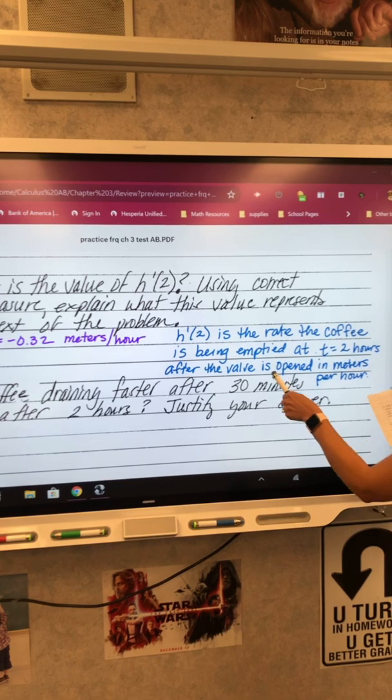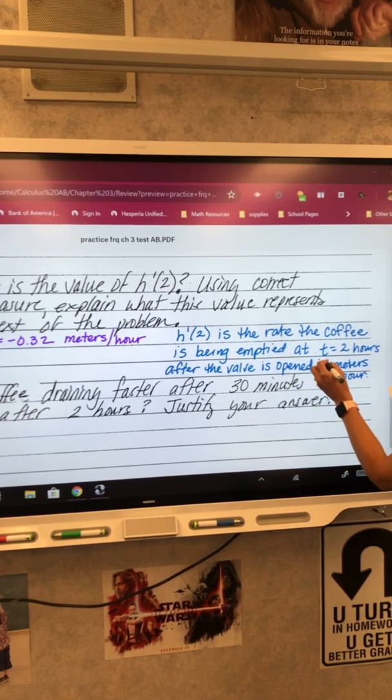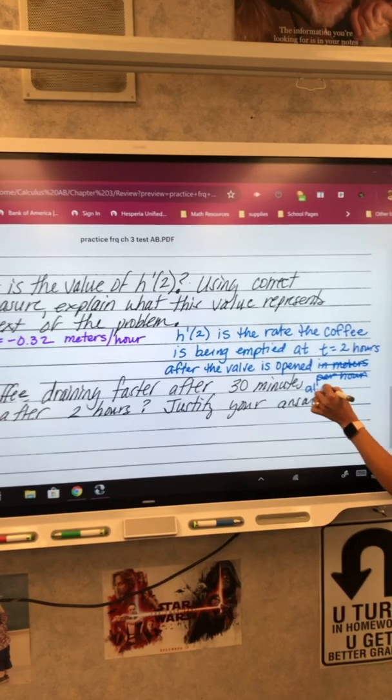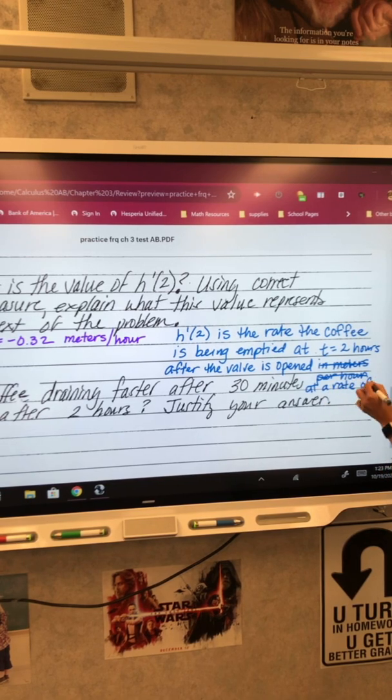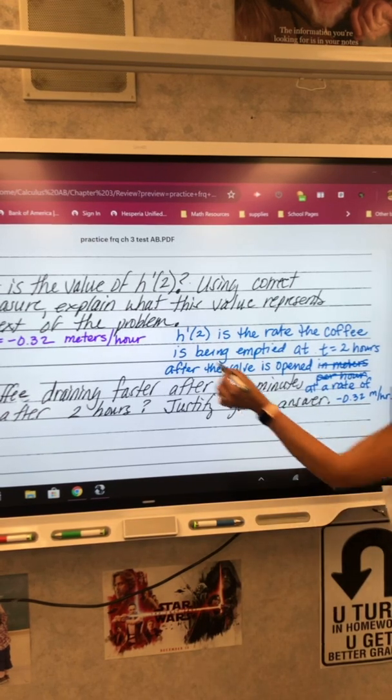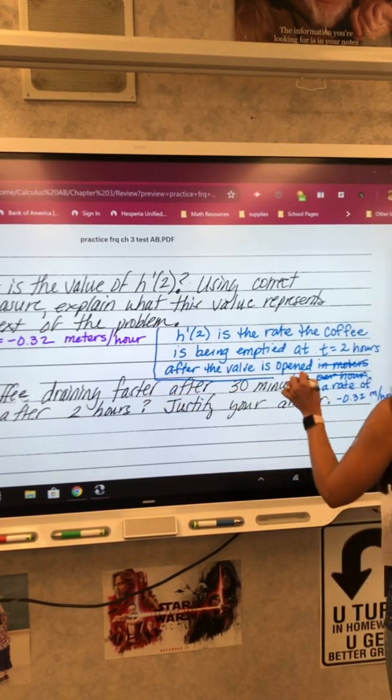So instead of "is open in meters per hour," we could say "at a rate of negative 0.32 meters per hour." Put that instead because I feel like that's more thorough. It also includes the rate that we found. So yeah, let's put that.